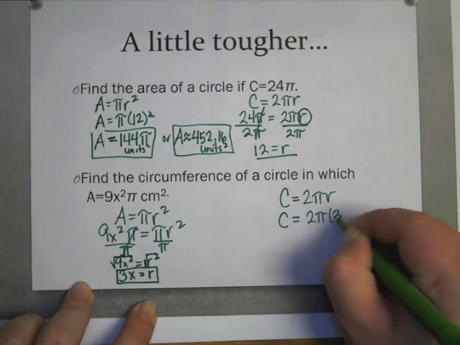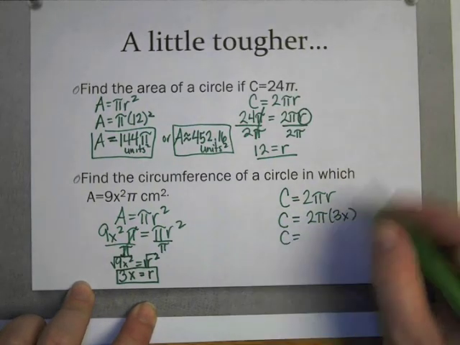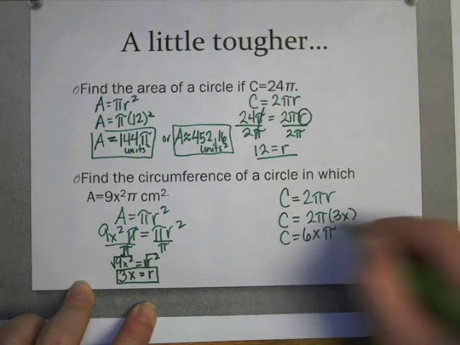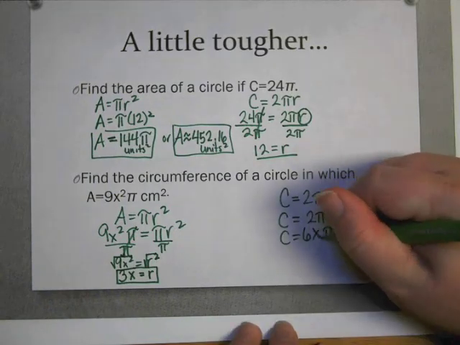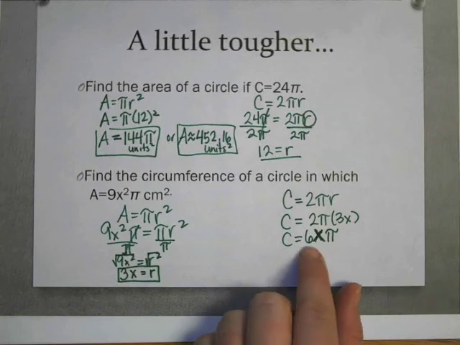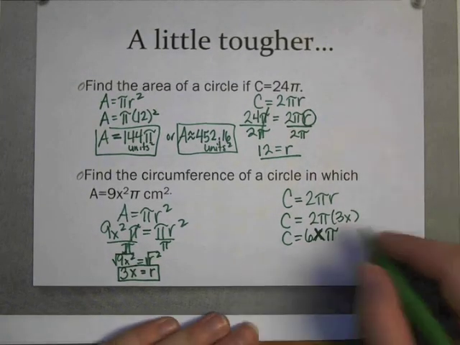So c equals 2 pi times 3x. So c equals 2 times 3 is 6. We have that x and pi. Kind of weird. This is why we don't use the x as a multiplication symbol anymore, because that would totally look like it's 6 times pi, but it's 6x pi. Okay?